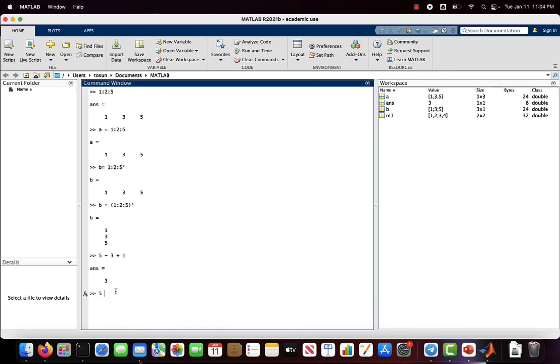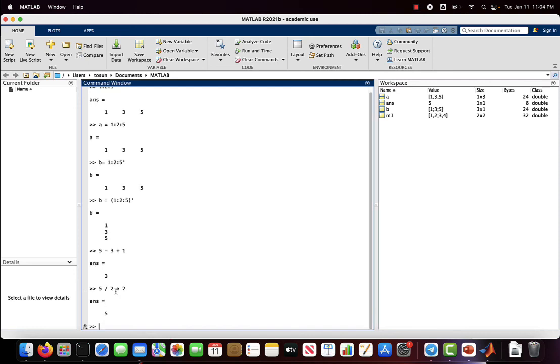Let's write 5/2 multiply 2. Now MATLAB will look at the table and will see that the division and multiplication are at the same level of the table, and MATLAB executes from left to right.